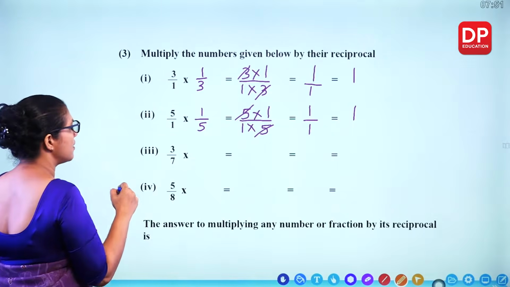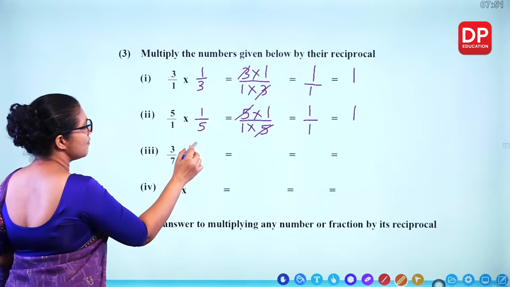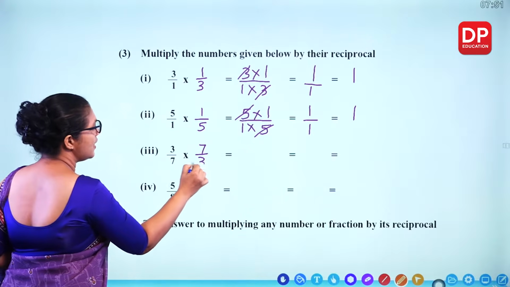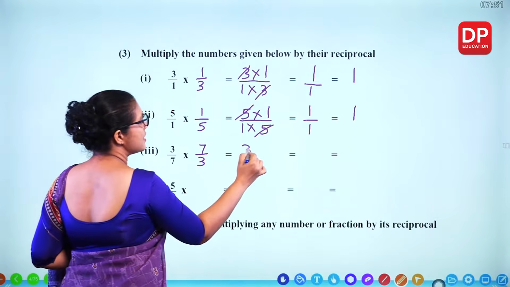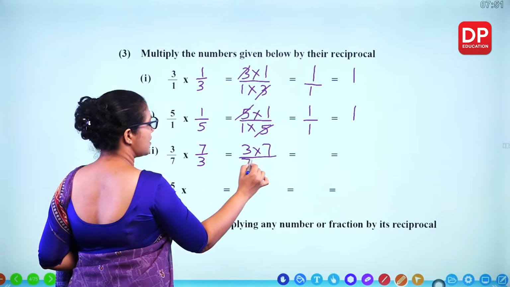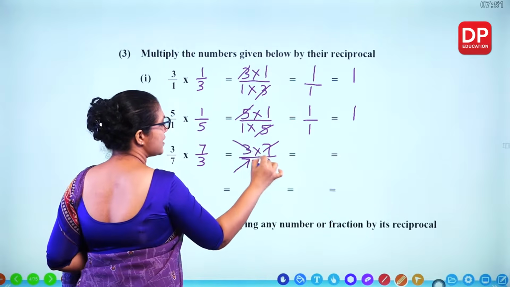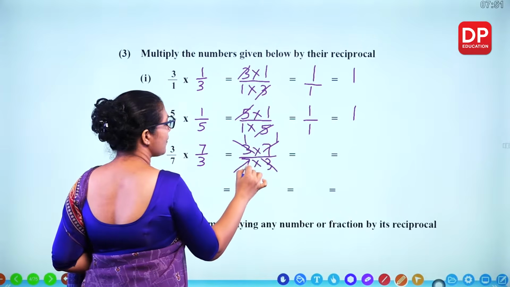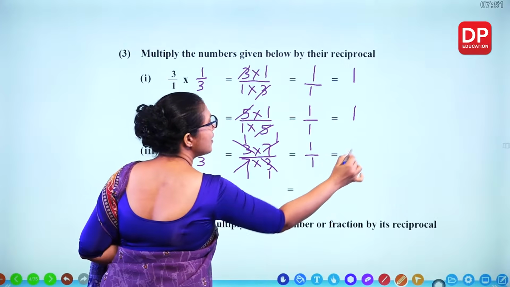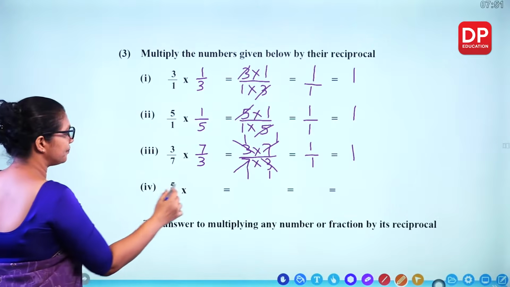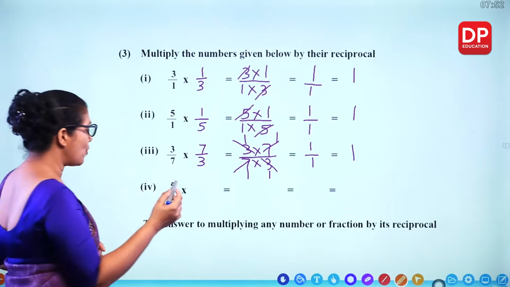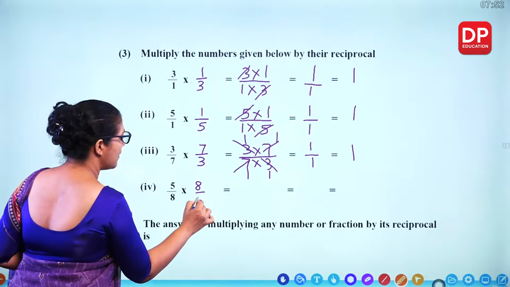That's 1. 3 over 7. What's the reciprocal? 7 over 3. 3 times 7, 7 times 3. Cross out the common factors. You get 1 over 1. That's 1. 5 over 8. What's the reciprocal? 8 over 5.